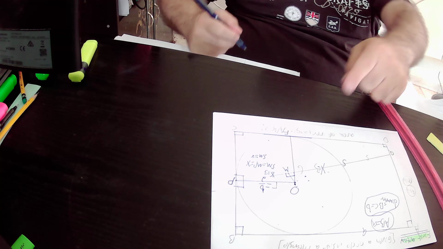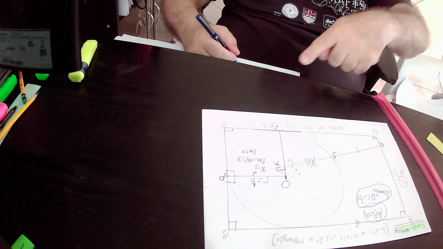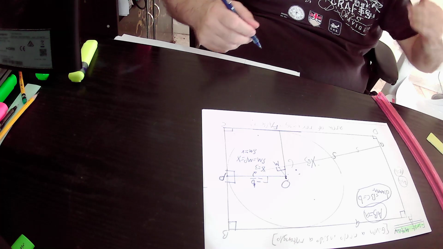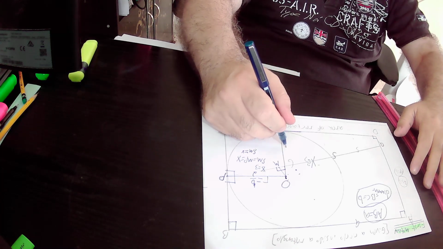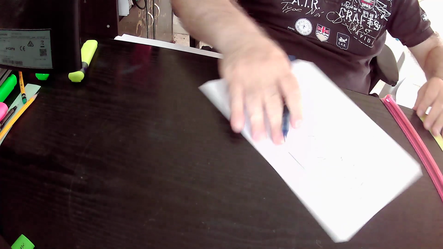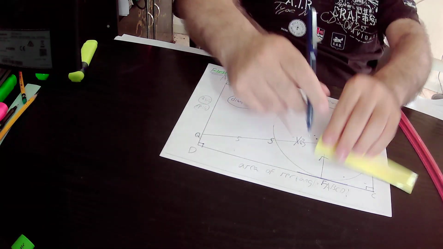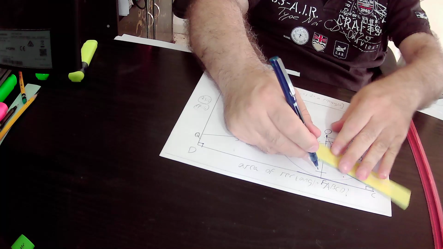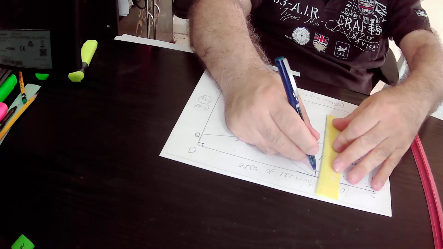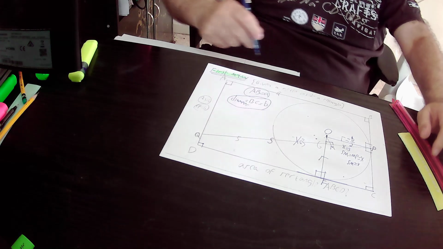Point O is the center of the circle. Point F is a point on the circle itself, therefore OF is the radius of the circle, that is R. So here we have the radius OF drawn to the point of tangency, therefore this angle will be equal to 90 degrees, and this angle will also be equal to 90 degrees according to rule number 1.